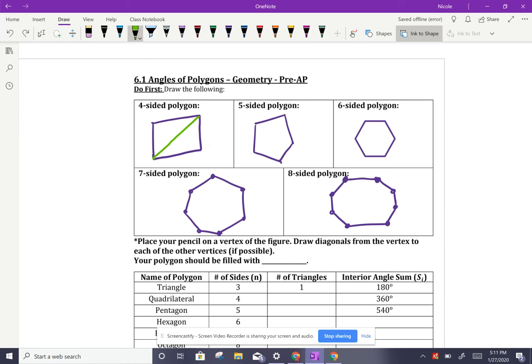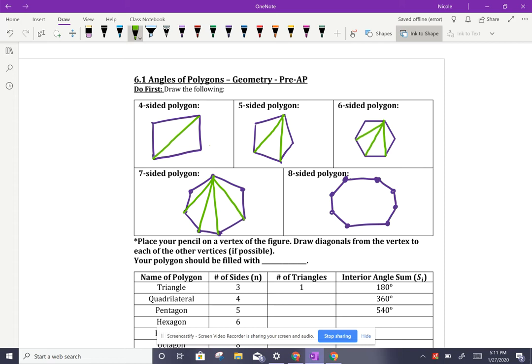So if we do our five-sided polygon, I'm going to pick one vertex. I'm going to go to an opposite corner and an opposite corner. And I can't do the two on either side. If I look at my six-sided polygon, I do the same thing. 1, 2, 3, opposite corners. My seven-sided polygon, 1, 2, 3, 4.